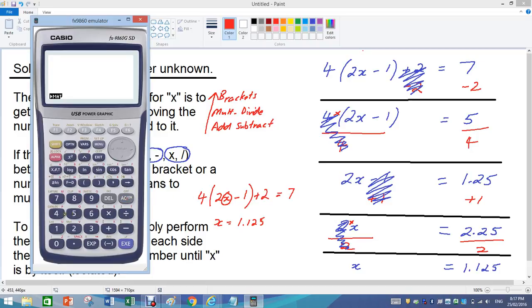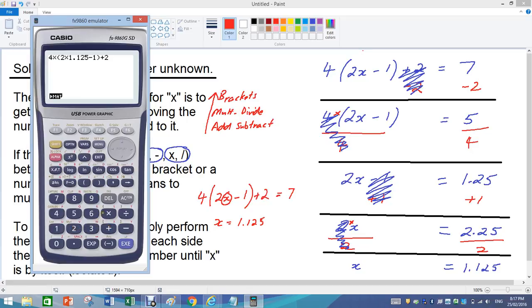So 4, and then there's no sign between the 4 and the bracket, so that means times. So 4 times bracket 2x, which is 2 times 1.125, and then minus 1, and close our brackets, then plus 2.